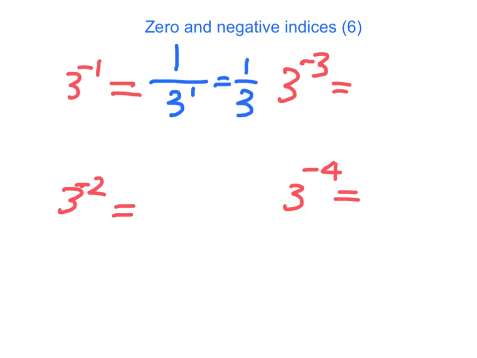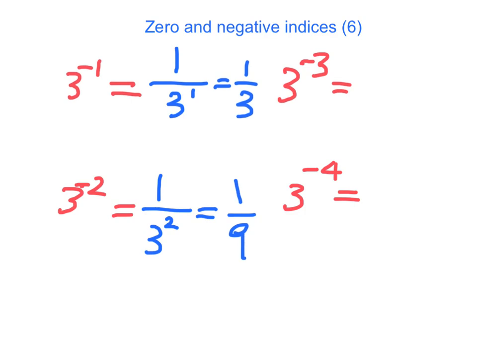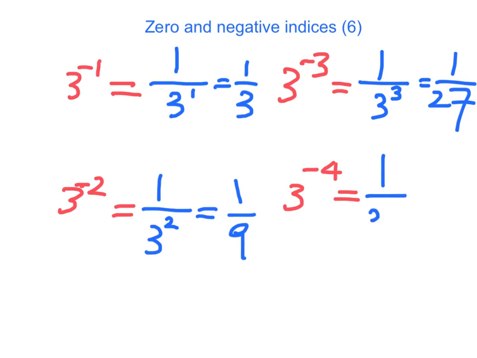For 3 to the power negative 2, similarly, it is 1 over 3 squared, which is 1 over 9. For 3 to the power negative 3, it becomes 1 over 3 to the power 3, equal to 1 over 27. Similarly, 3 to the power negative 4 is 1 over 3 to the power 4, and the result will be 1 over 81.